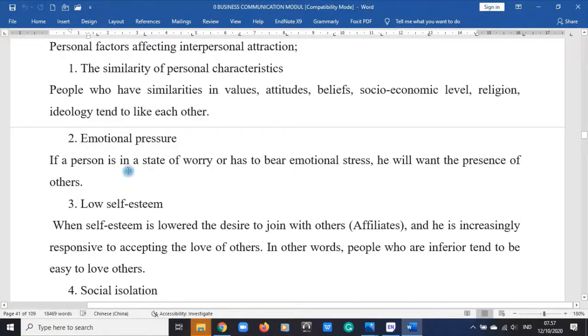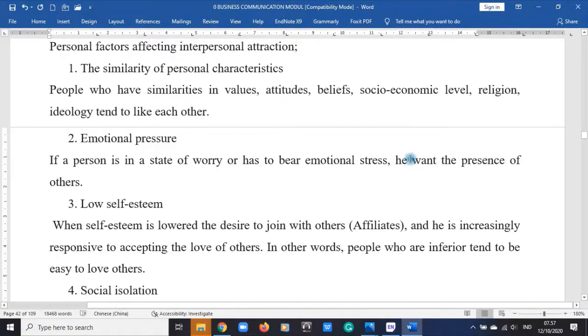If a person is in a state of worry or has to bear emotional stress, he wants the presence of others. When we are feeling down, when we are feeling blue, that's why we need somebody next to us to accompany us.